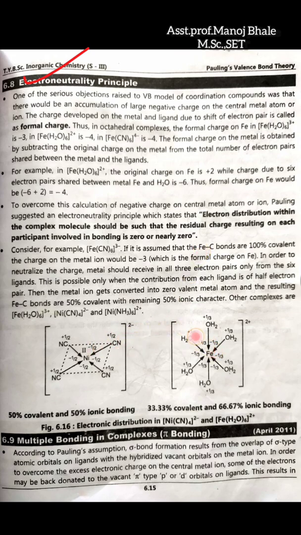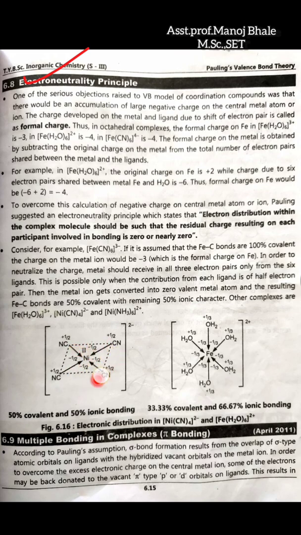There are two examples given there. In this example you can observe nickel which has a charge of -2. Each ligand contributes -1/2 charge, -1/2, -1/2, -1/2, that means -2.